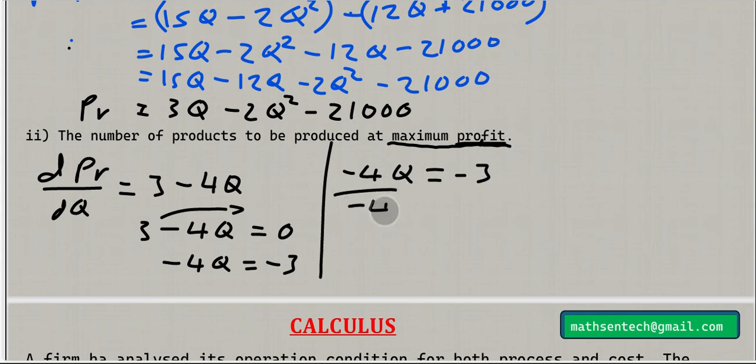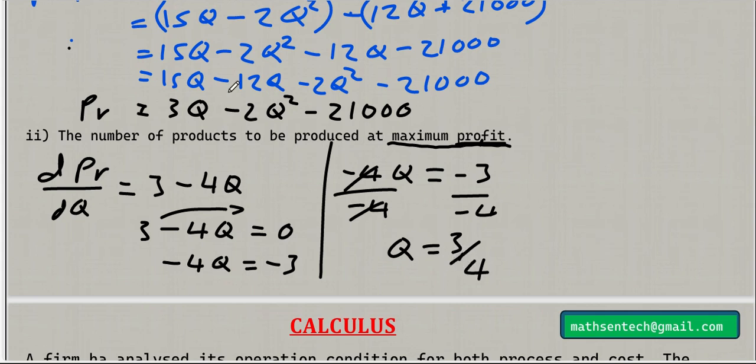So divide by negative 4 on both sides. When you cancel out, you're going to get q is equal to 3/4. So that is your answer. The number of products to be produced at maximum profit is actually this 3/4.